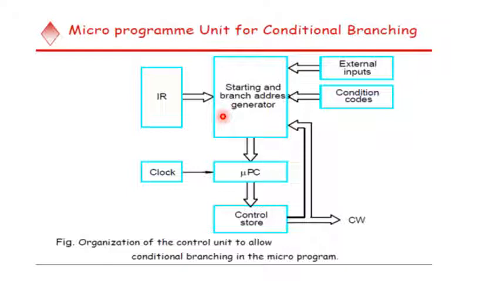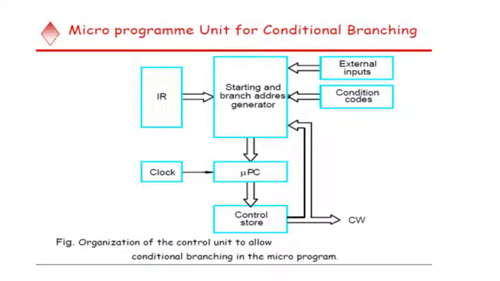In this control unit, the microprogram counter is incremented every time a new microinstruction is fetched from the microprogram memory, except in the following situations. When a new instruction is loaded into the instruction register, the microprogram counter is loaded with the starting address of the microroutine for the instruction.